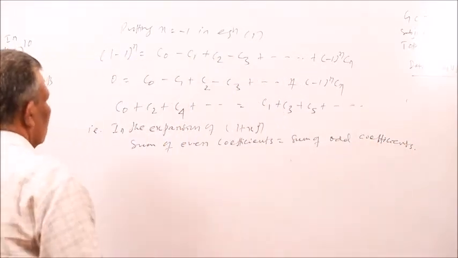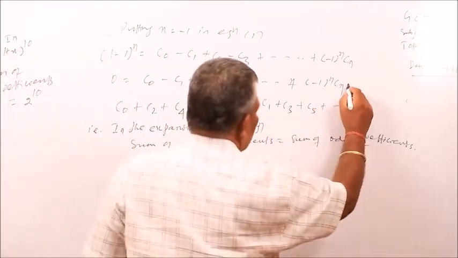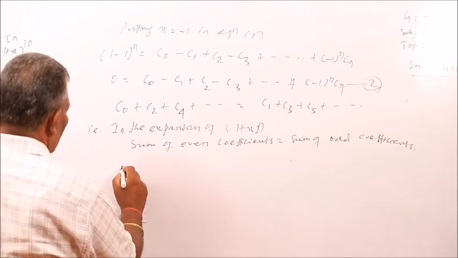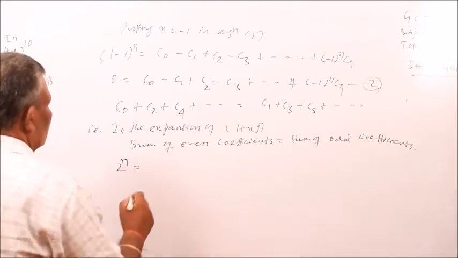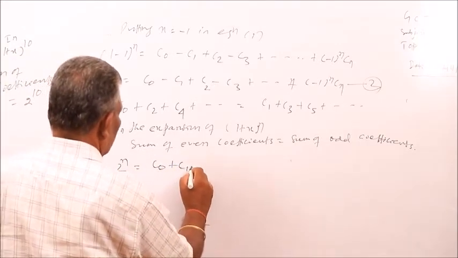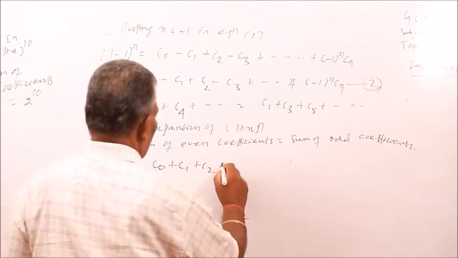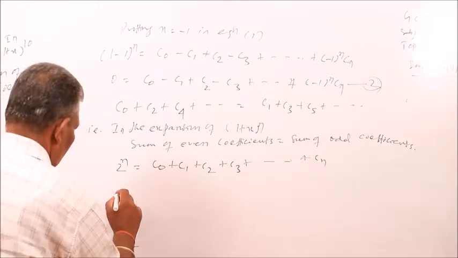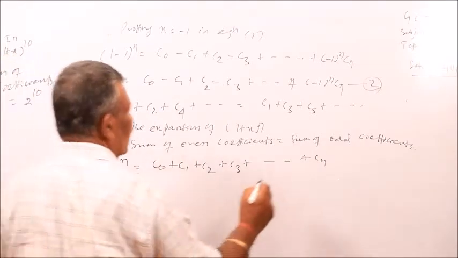So let us mark it as equation 2. Again, 2^n equals C0 + C1 + C2 + C3 + ... + Cn. Let it be equation 3.